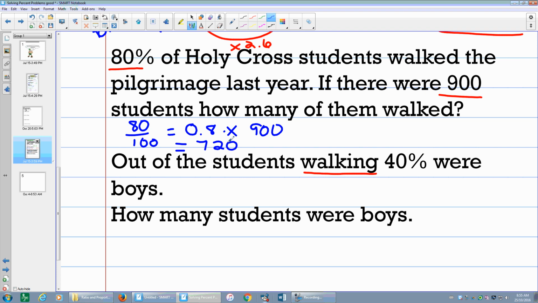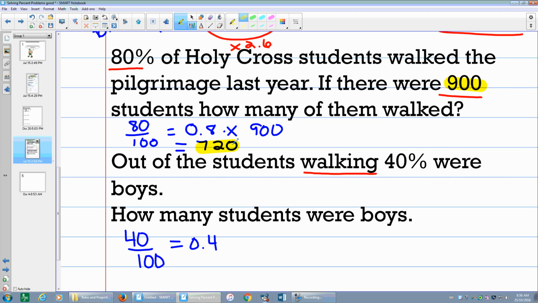Now it says, out of the students walking, 40% were boys. Well, I'm going to take the 40% and change it into a decimal, which gives me 0.4. Now I want you to think to yourself, what am I going to multiply that 0.4 by? Okay, so there's two options. We can use this number here, or we can use this number here. What do each of those numbers mean?